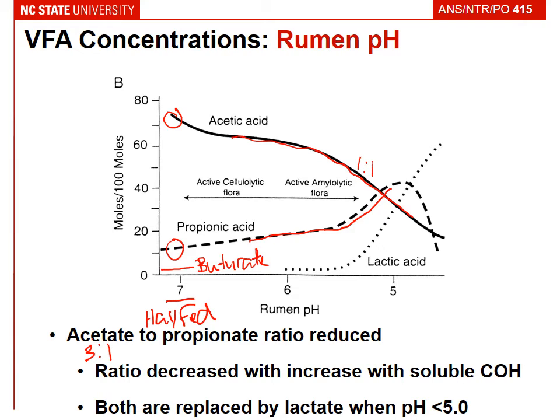And as we decrease the amount of acetic acid, we end up increasing the amount of propionic acid. So these two are working in conjunction. If we have less acetic acid, we're increasing our propionic acid. So our ratio, which we want to be 3-to-1, ends up being reduced.